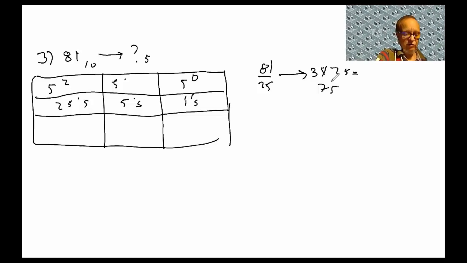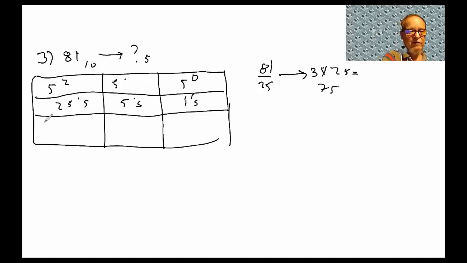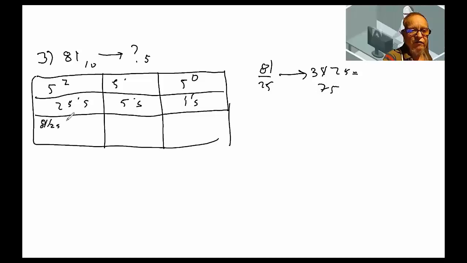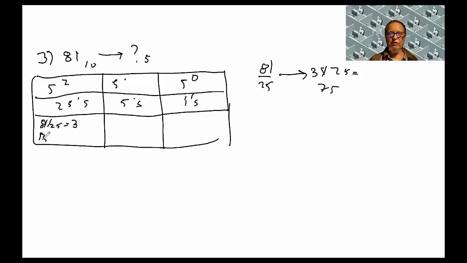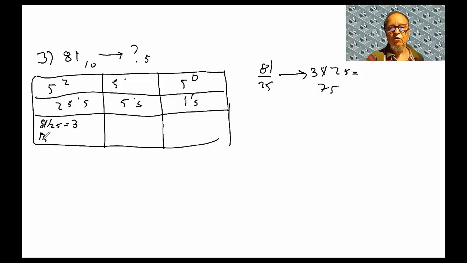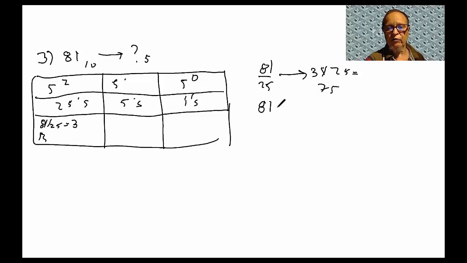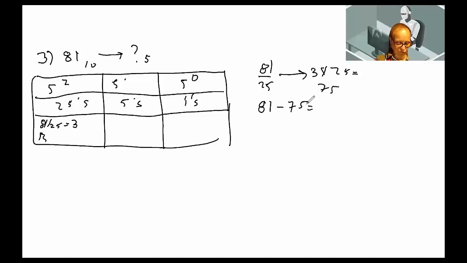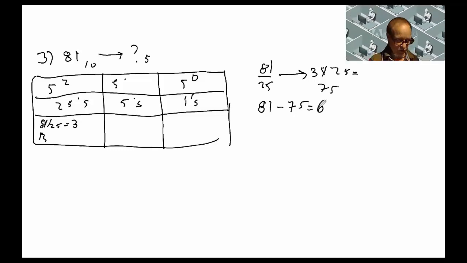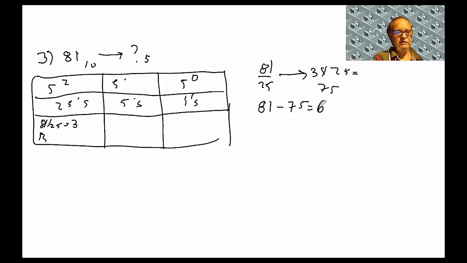So 81 divided by 25 will be equal to 3, but there will be a remainder. So how do we figure out what the remainder is? Well, we subtract. We take 81 and we subtract 75, and we find that the remainder is 6.